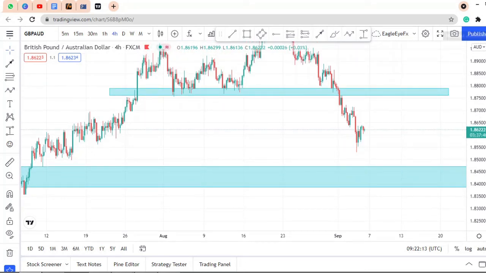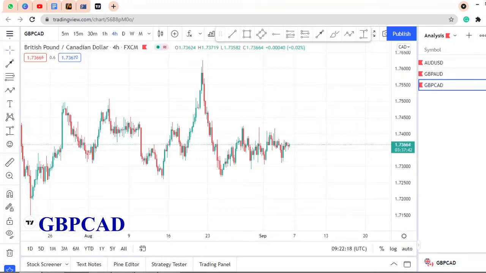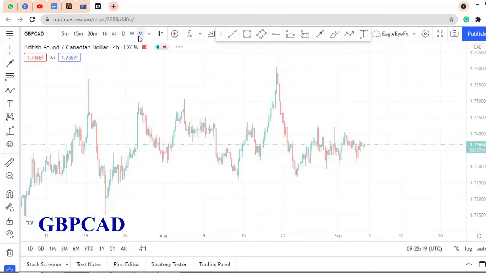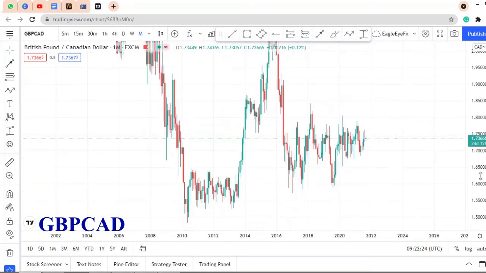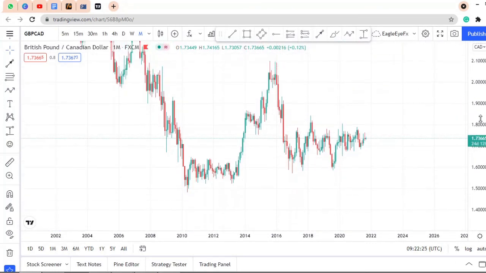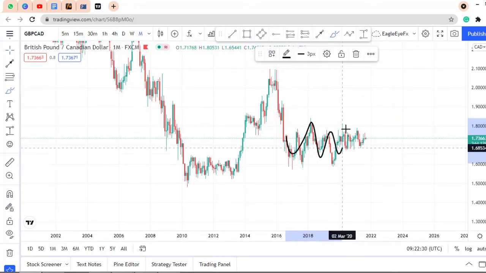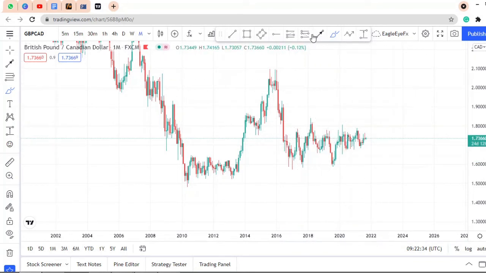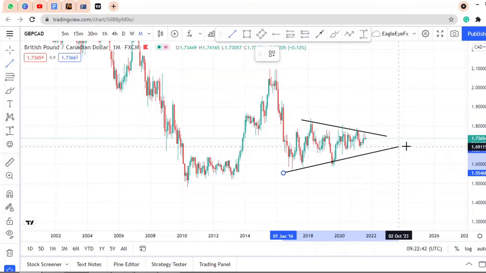Okay, let's go to our last pair, GBPCAD, and as usual, I'll start from the monthly time frame. So GBPCAD has really been consolidating. You can see that there's a lot of consolidation, and it's almost forming a decreasing triangle like that.